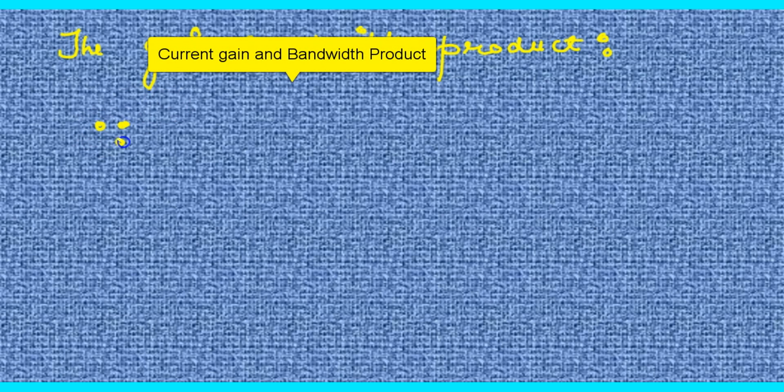A very important topic is the gain bandwidth product. We know that the forward current ratio of the common emitter is given by this expression.